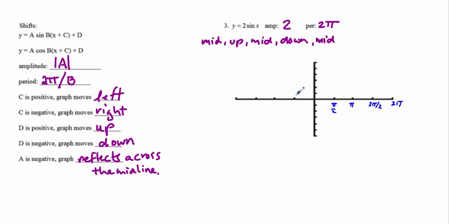So because my midline didn't change, it's going to start here at 0. It's going to go up 2, because that's my amplitude, back to 0, down 2, and back to 0. So here's one period of your graph. And you can draw more periods if you want. Just make sure they all have an amplitude of 2.